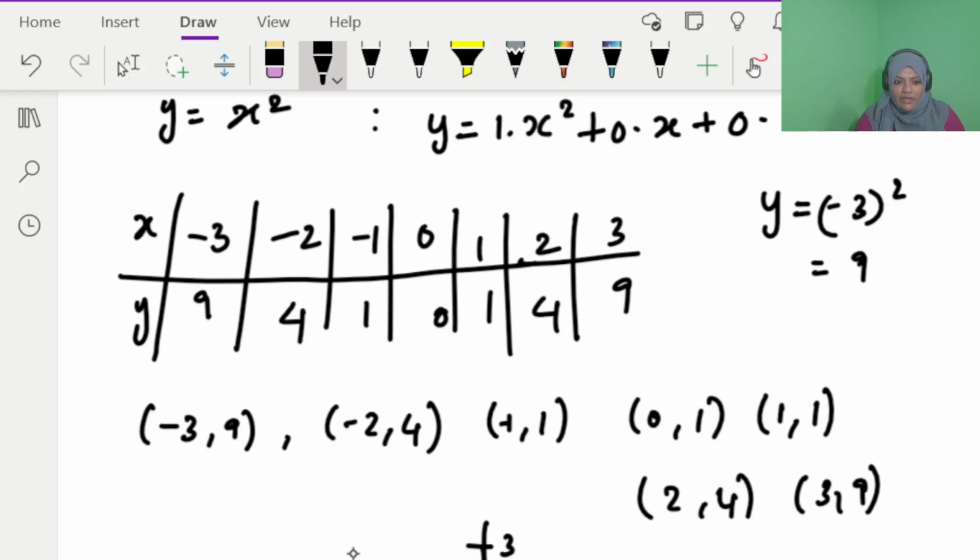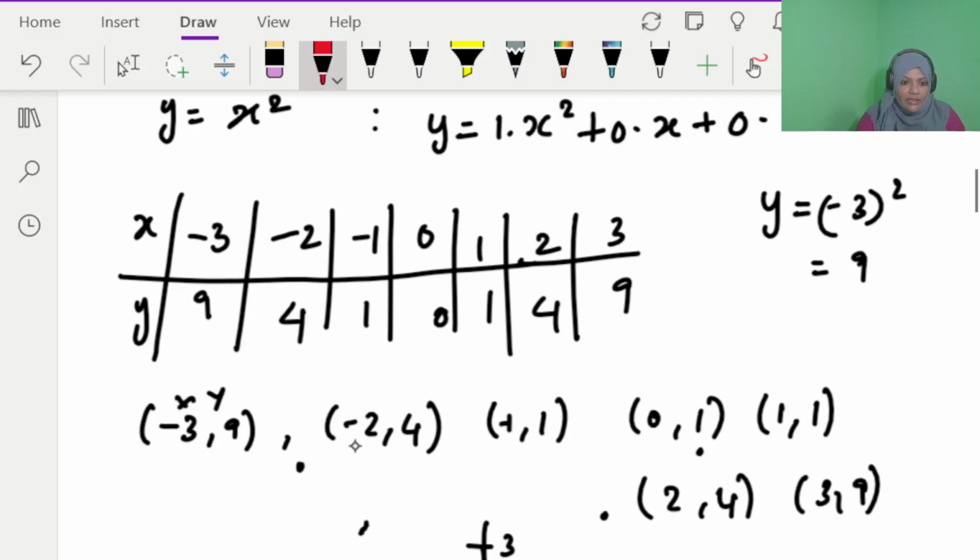So negative 3 comma 9, meaning x comma y, correct? So negative 3 and 9 will be somewhere here, approximately. Negative 2 comma 4 somewhere here, and negative 1 comma 1 exactly here, and 0 comma 0 at the origin, 2 comma 4 over here, and 3 comma 9 again over here.